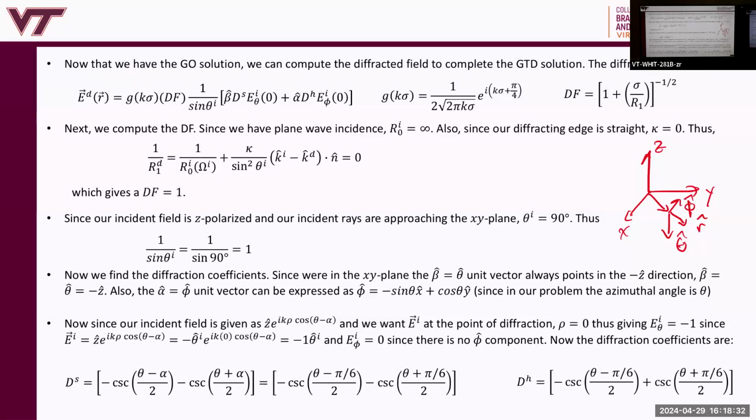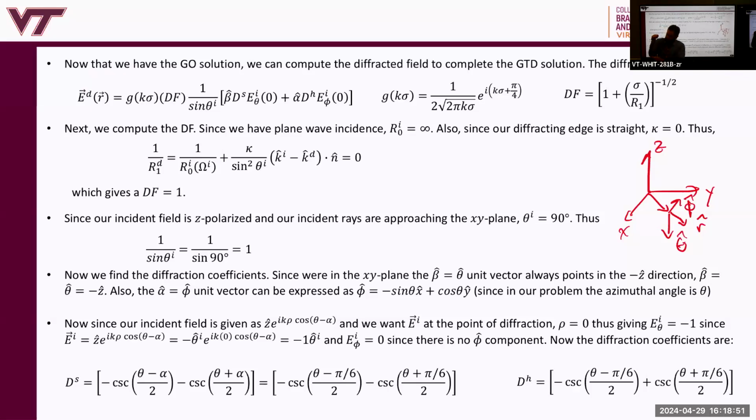So it's shaped kind of like that. If my elbow is the origin of the coordinate system, then my arm would be r, the length to the observation point. Then your hand would be the theta hat unit vector.